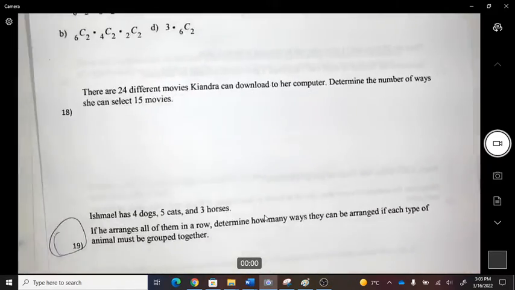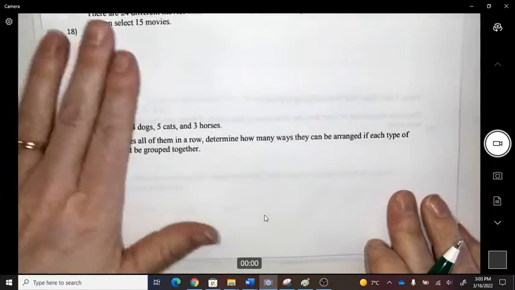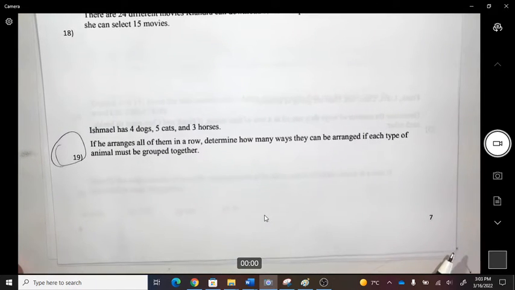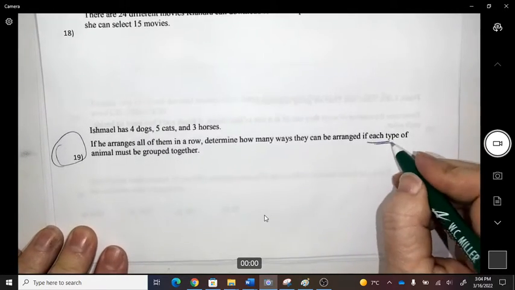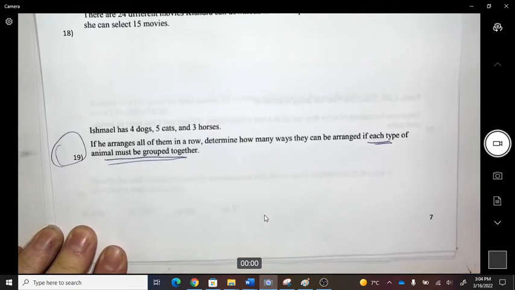Flip, number 19. Okay, we got 4 dogs, 5 cats, 3 horses. You're arranging these animals in a row. How many ways could you arrange them if each type of animal must be grouped together?